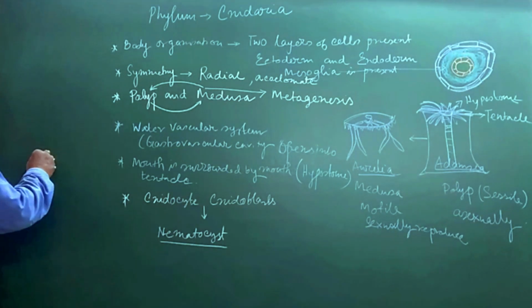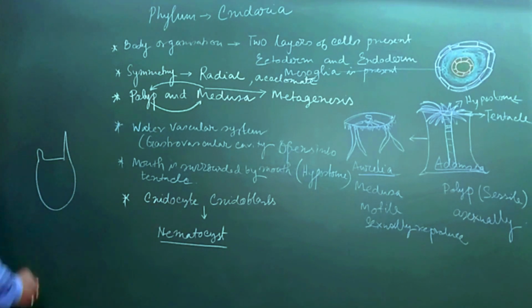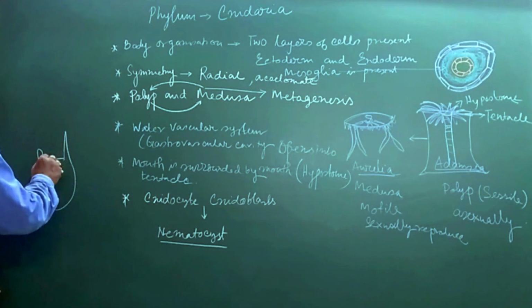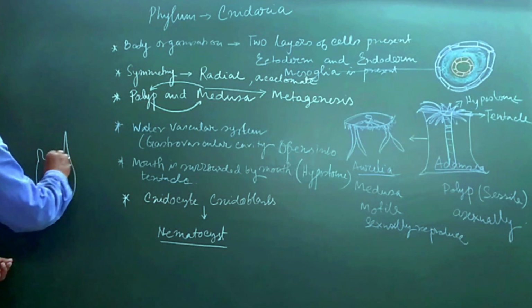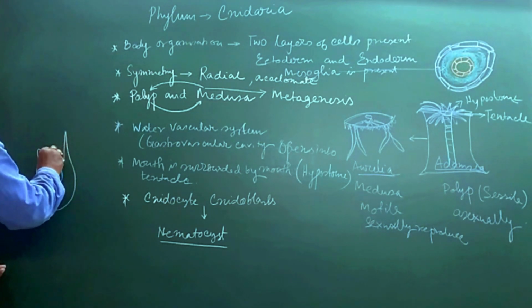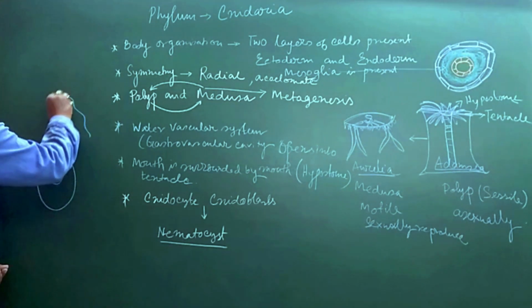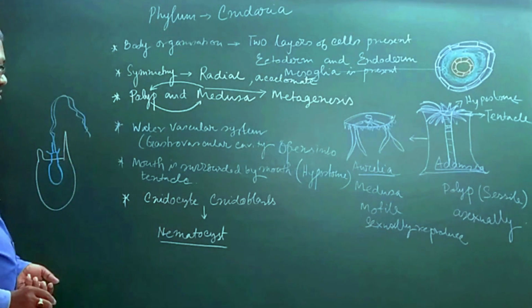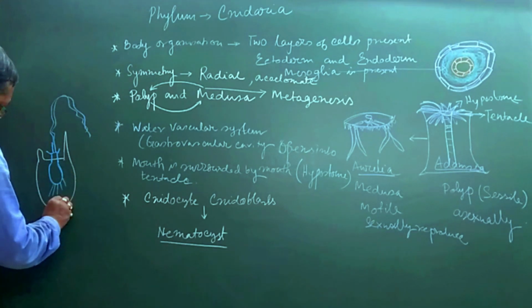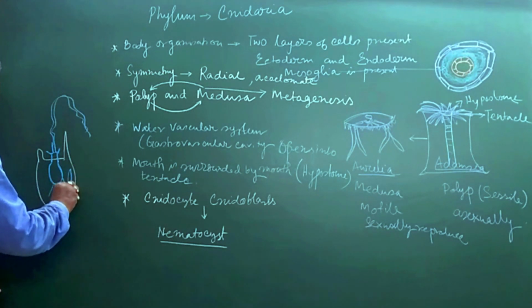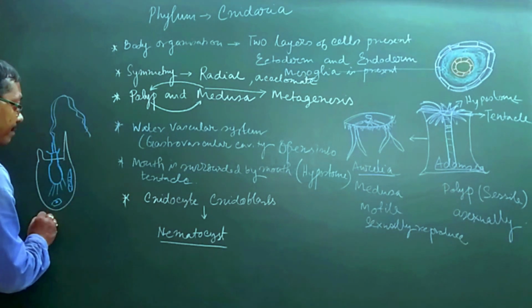When we look at this structure, this is the cnidocyte. Within the cnidocyte, this type of structure is present. This is called the nematocyst.